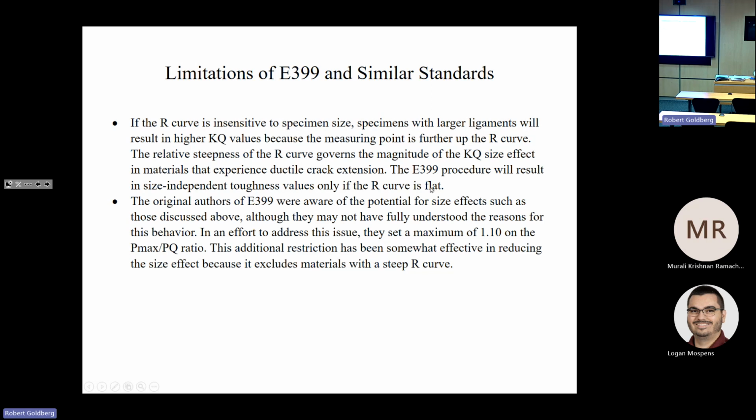So the flatter your R curve is, the more the E399 procedure will result in toughness that truly is independent of size. The original authors were aware of the potential for size effects, which is why they put that maximum of 1.1 on the Pmax to PQ ratio, because it reduces the size effects by excluding materials with a steep R curve.